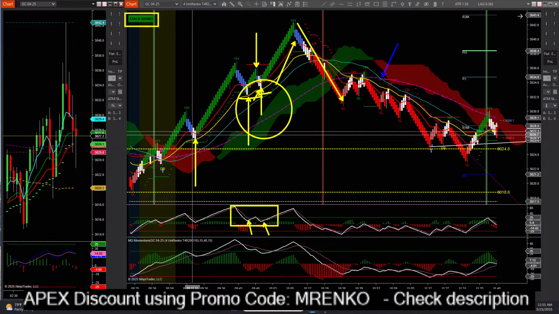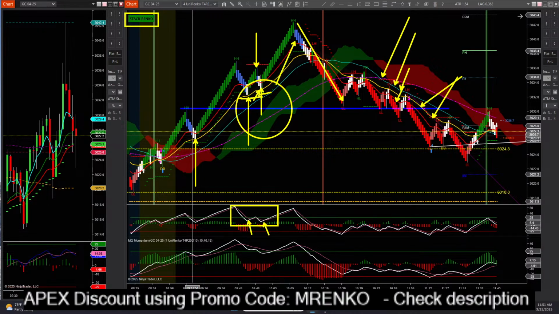All the moving averages are stacking to the downside, so that's the meaning of that. From here, I took that trade. There was a bounce off of the 34 EMA.